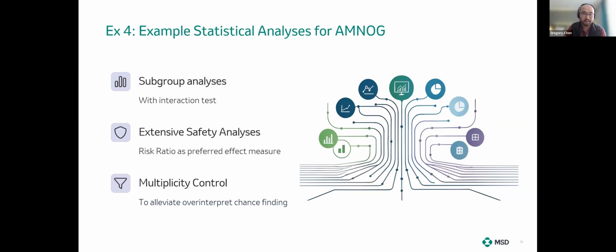In the safety analysis, they will look over the typical overall safety endpoints, such as any AE, serious AE, severe AE. They will look into the breakdown by SOC and PT, and look into subgroup analysis over efficacy, safety, PRO endpoints, including statistical interaction tests to see if the treatment effect is consistent across the important subgroup factors.